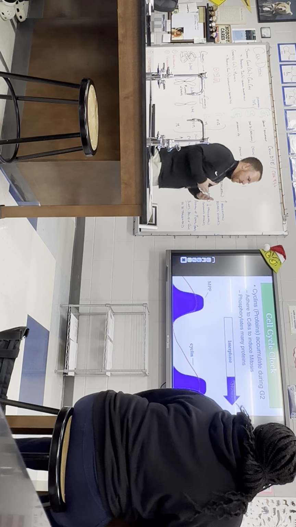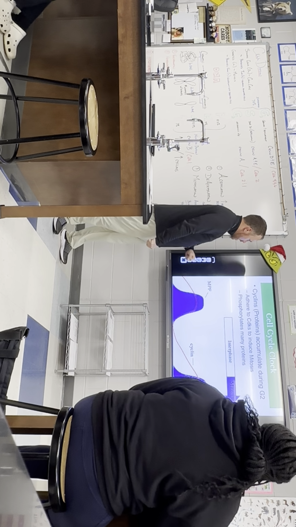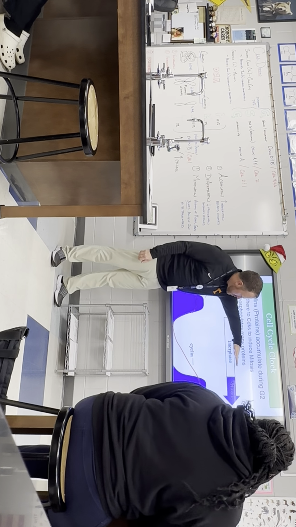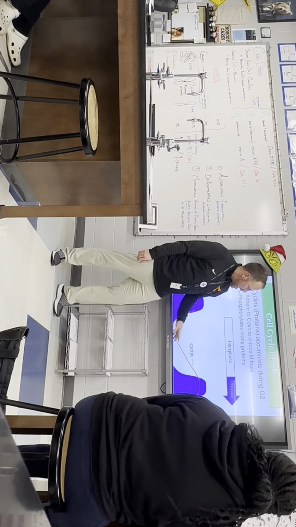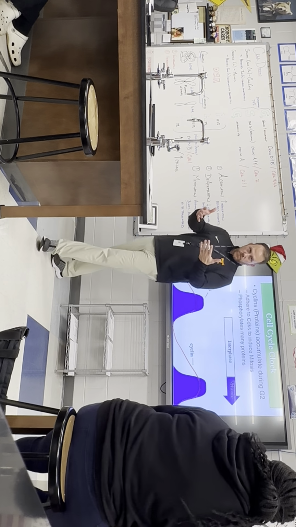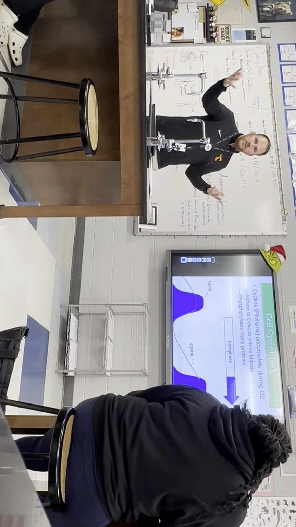When you look at the rise and fall, remember I said CDKs are always consistent. But as you can see right here, the overlap of interphase, at the end of interphase, your cyclin increases. And then in mitosis, you're going to see this rise of what's called MPF, mitosis promoting factor. That's what that stands for.